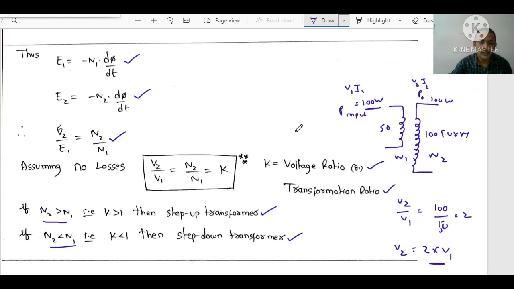Please keep in mind, dear students, a voltage step up transformer, step down transformer, this condition is important. If N2 is greater than N1, step up transformer. If N2 is less than N1, step down transformer. K greater than 1, K less than 1, and this equation E equal to N into d phi by dt.